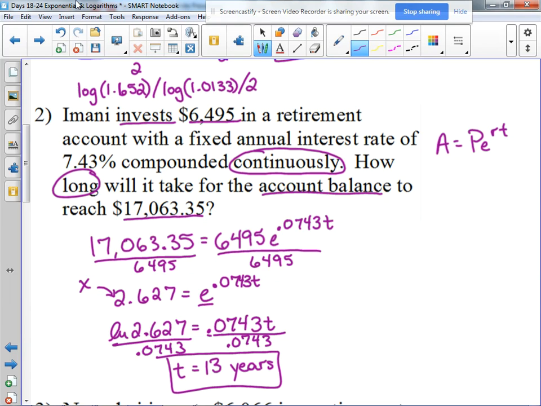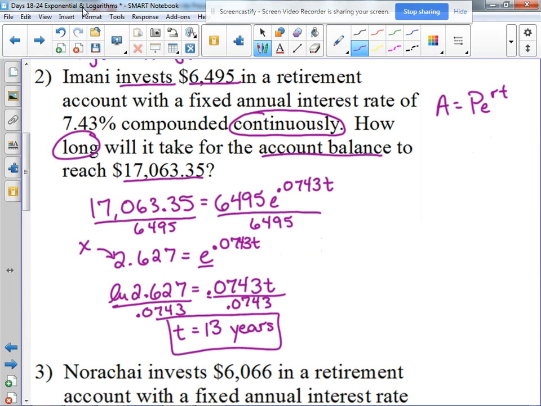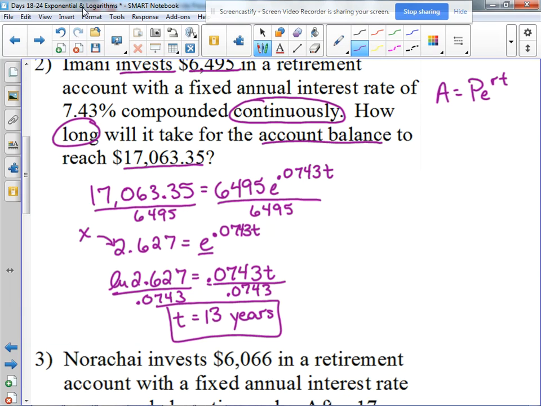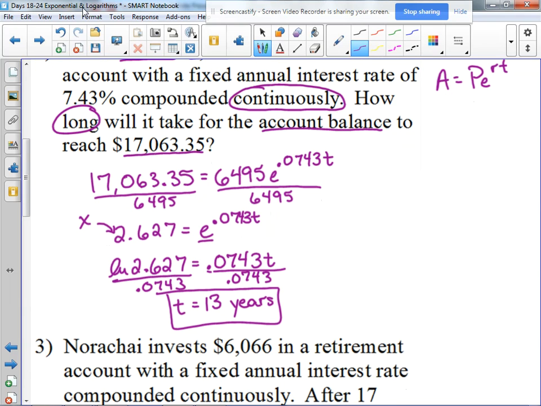So not the end of the world if you don't store it as x. I just think it simplifies things a little bit and you get a more exact answer. Any questions about those two? Finding out how long.